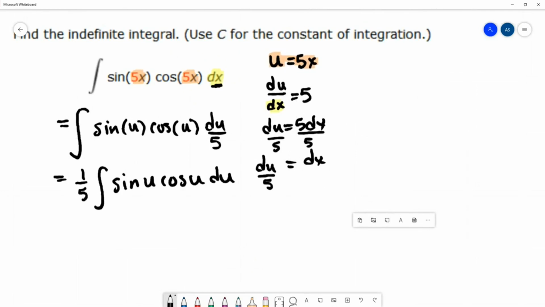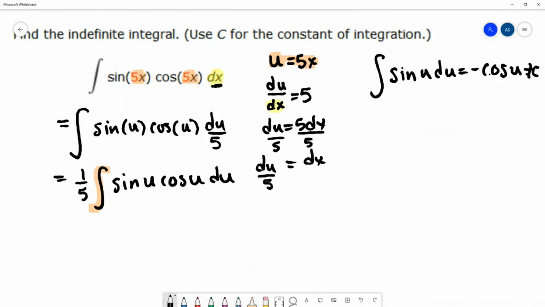Now, the substitution that we've done is done correctly, but it hasn't got us any closer to which antiderivative rule we should use to apply this integral. We have rules like the integral of sine u du is negative cosine u plus c. And we have antiderivative rules like the integral of cosine u du is sine of u plus c.